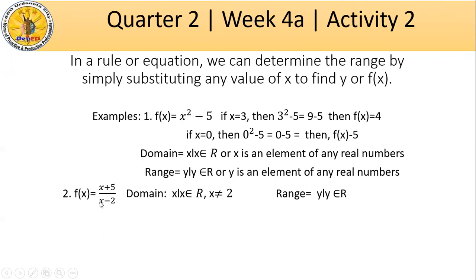Because if you substitute 2 here, the denominator will become 0. So 2 plus 5 is 7 divided by 0, it will become undefined. So never use a value for x that will make it 0.